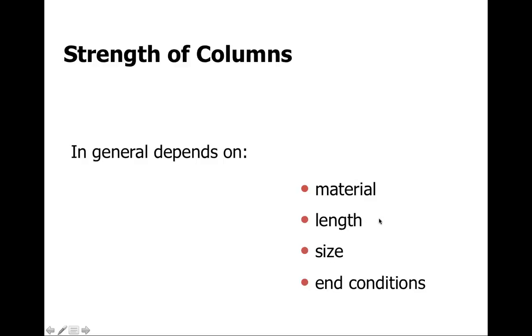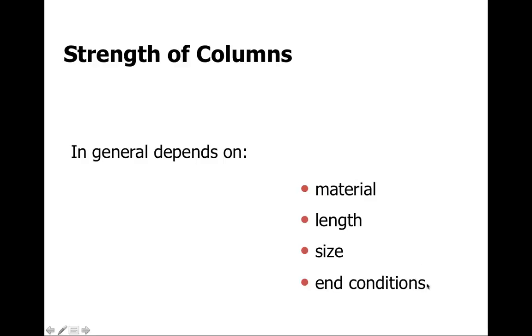Another consideration then would be the length of the column. How long is it? How tall is it? Is it a short, fairly stubby column, or is it a much longer column where we have other considerations? The size of the columns, or even the geometry of the column comes into play. How wide is it? How narrow is it? And those sorts of things.